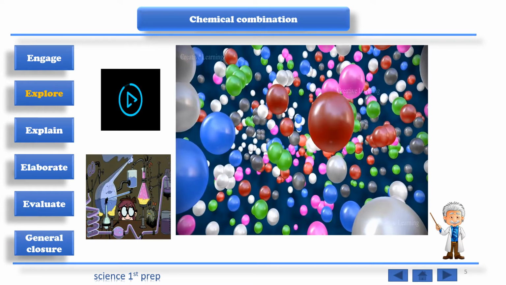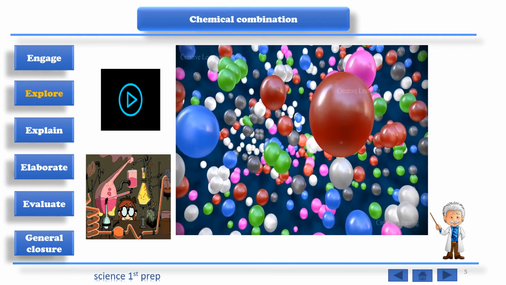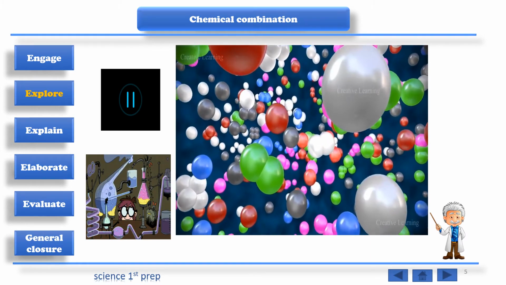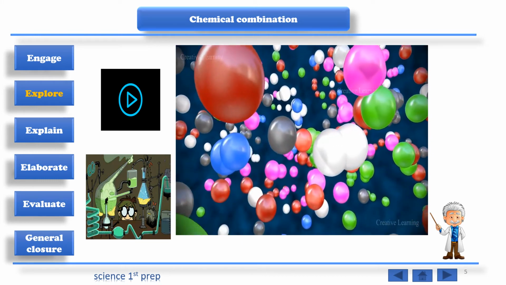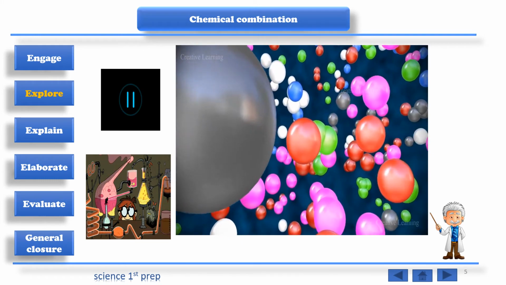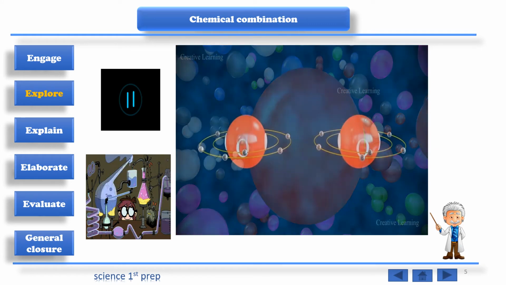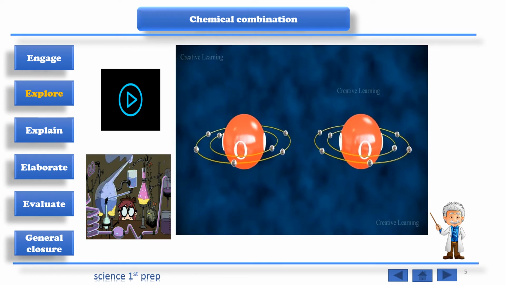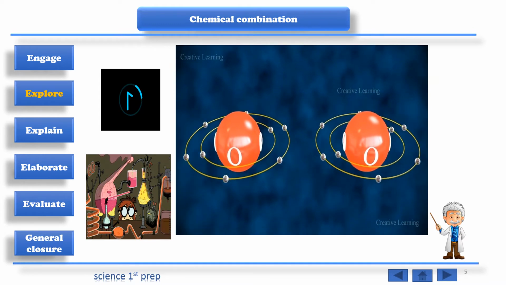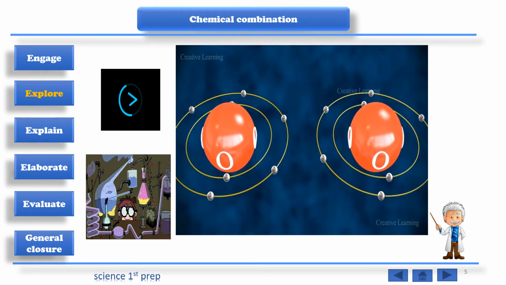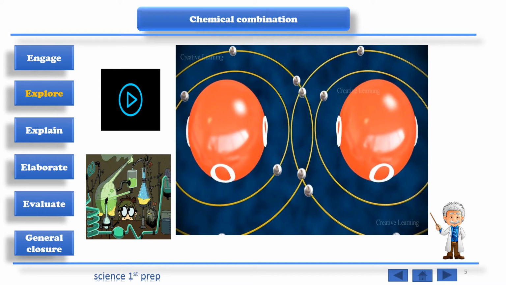And now let's watch this video together and back again. The world is generally not composed of isolated atoms. Rather, it is composed of molecules formed as a result of chemical bonds. The strong force that holds together the constituent particles, atoms, ions or molecules in a chemical species is known as a chemical bond.